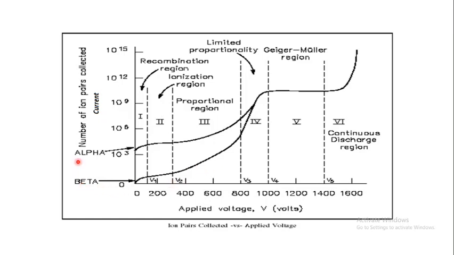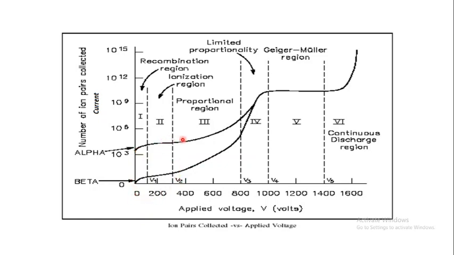If different types of energetic radiation pass into the gas filled chamber, ionization occurs, and this ionization produces a pulse of current that is used for the detection of radiations, their strength, and counts.